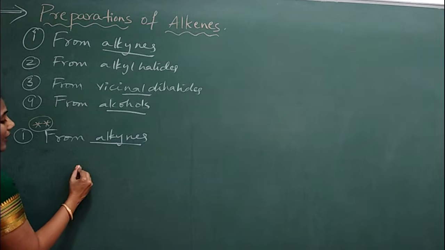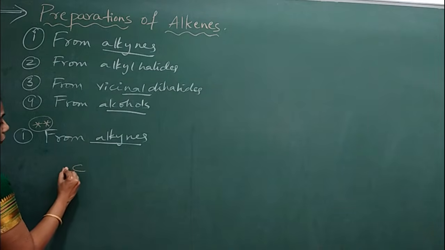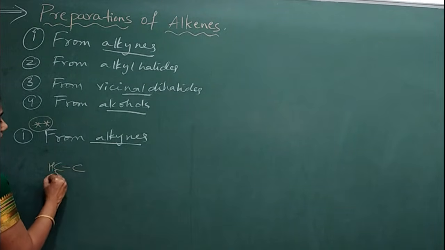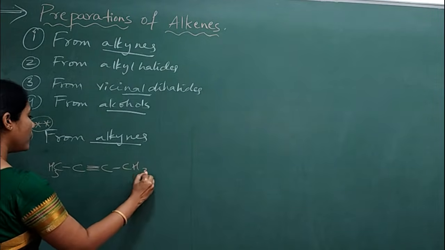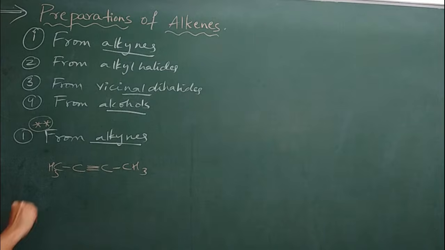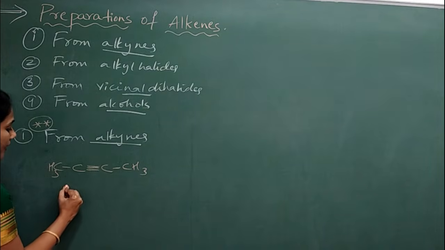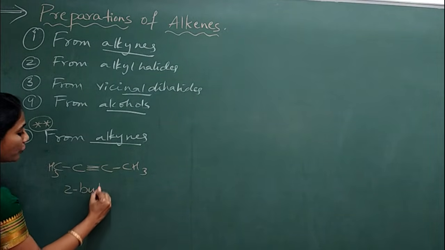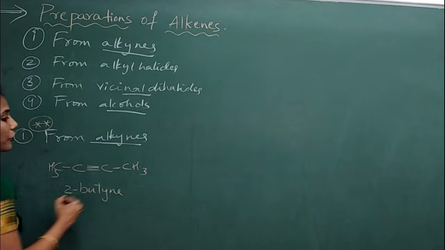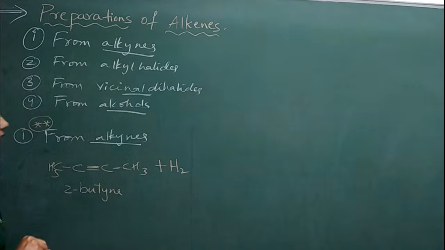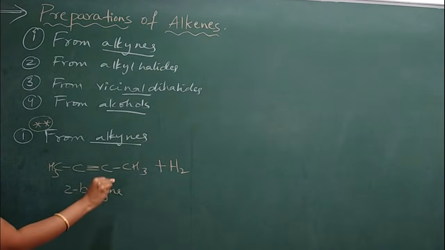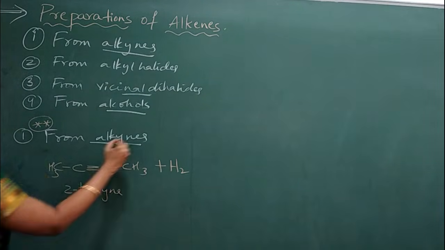Let me take an alkyne, CH3-C triple bond C-CH3. So what do you call this alkyne? Butyne, isn't it? It is actually 2-butyne. For this, I will try to add hydrogen. So how do we prepare alkenes from alkynes?